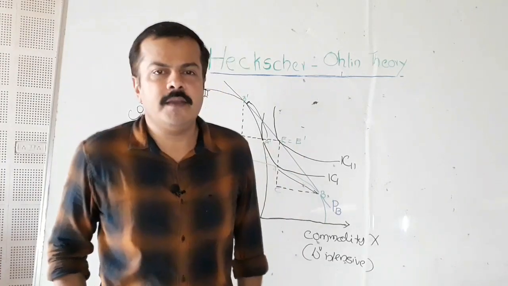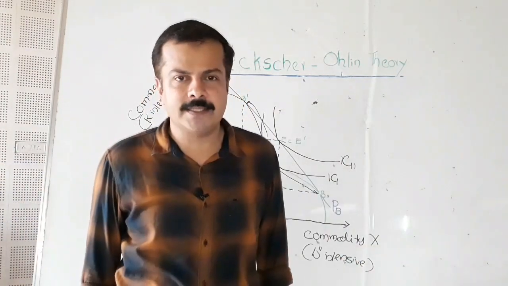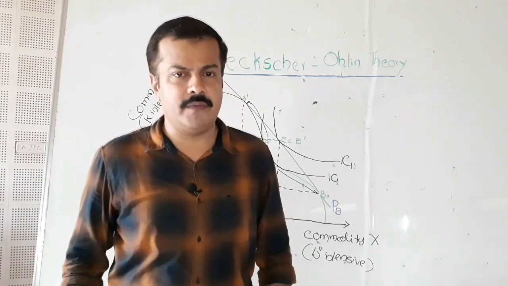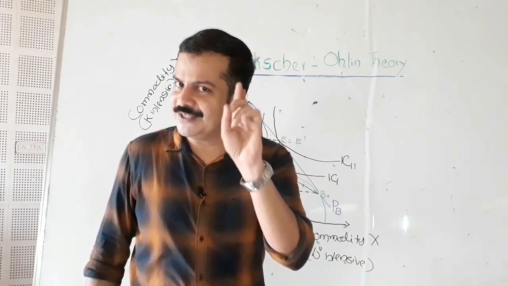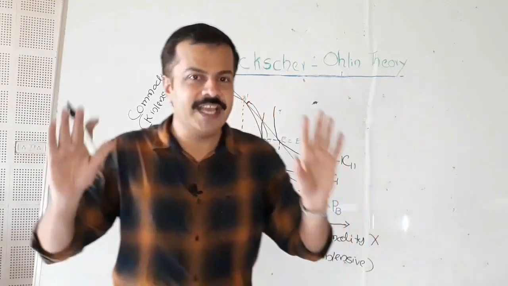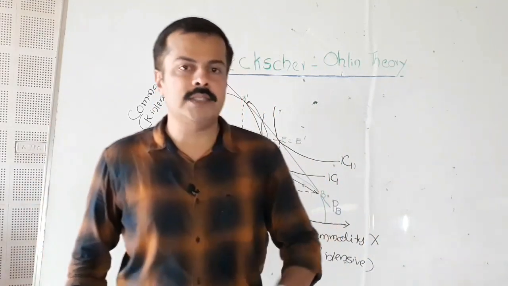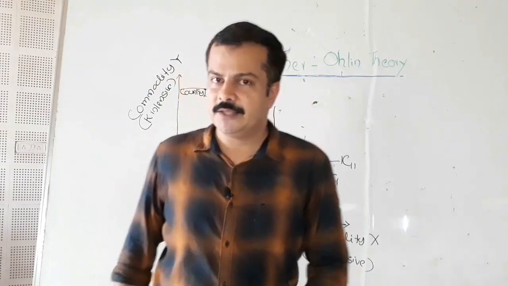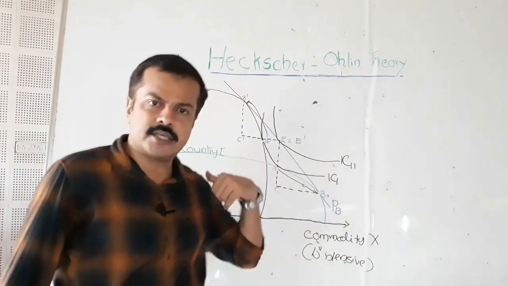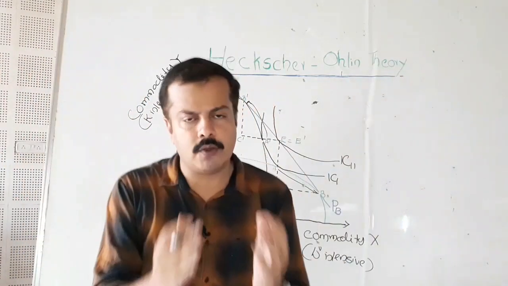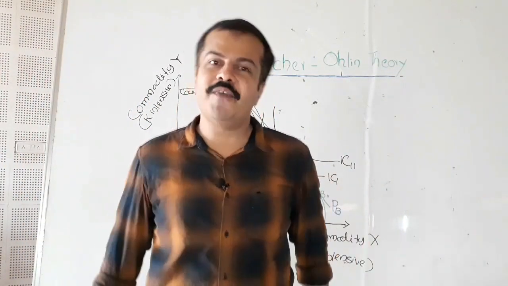Now country 1 will have a lot of commodity X and a smaller quantity of commodity Y as well, because of the no complete specialization assumption. We saw that there is no complete specialization. Even after free trade, both countries will produce both commodities. So country 1 will have a lot of commodity X and a lesser quantity of commodity Y. Country 2 will have a lot of commodity Y and a lesser quantity of commodity X. Now we have a possibility of exchange.